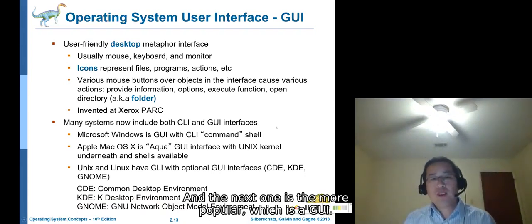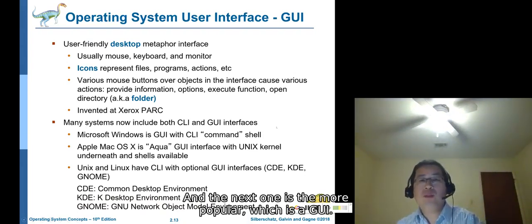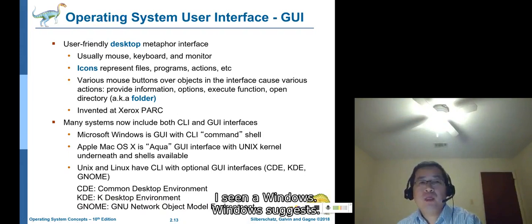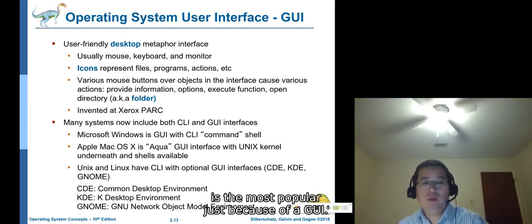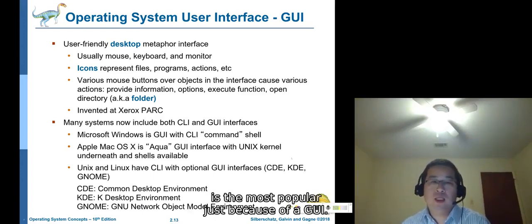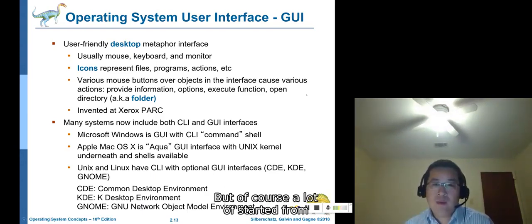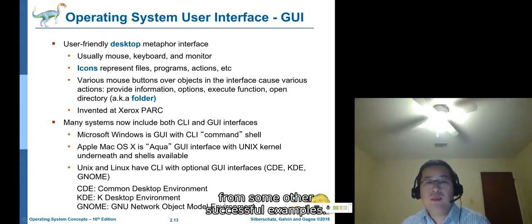And the next one is more popular, which is GUI. I think Windows is more and more popular, most popular just because of GUI. We use GUI, but of course a lot started from Windows. Windows also borrowed from some other successful examples.